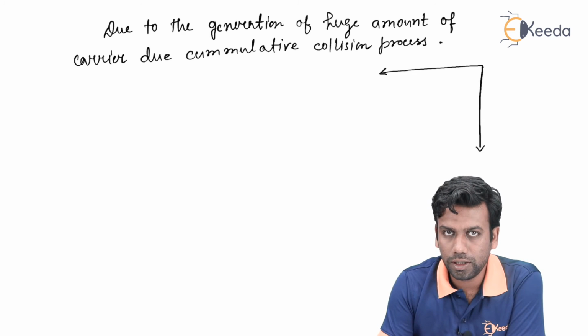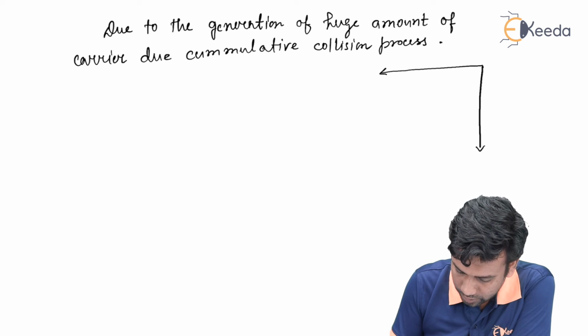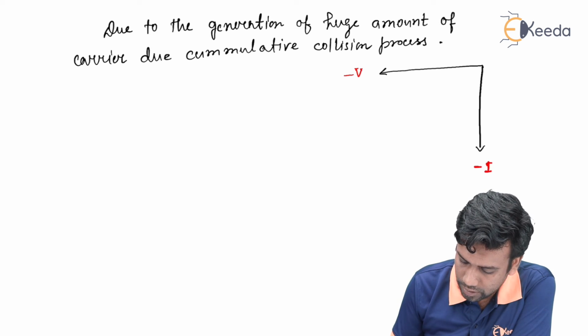If I draw the reverse bias characteristics, then it will be voltage on the x axis and current on the y axis.